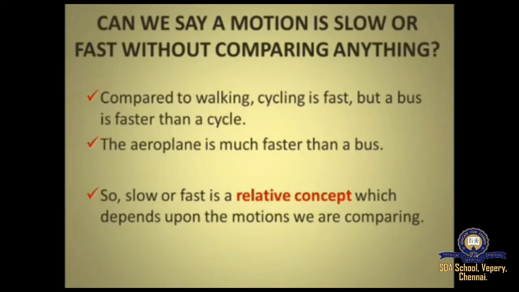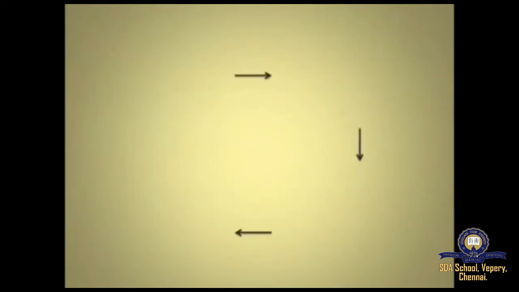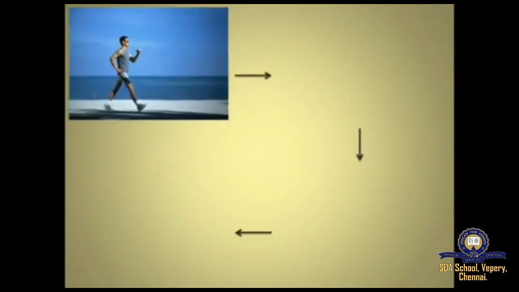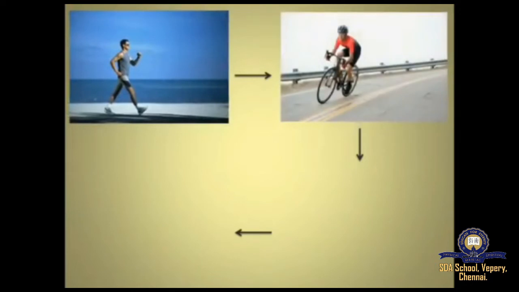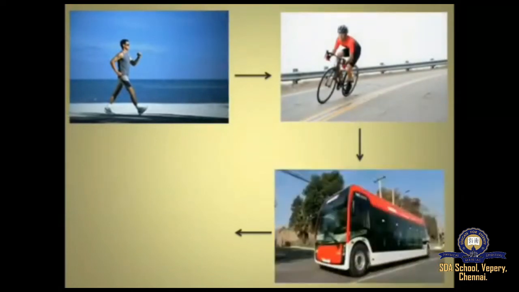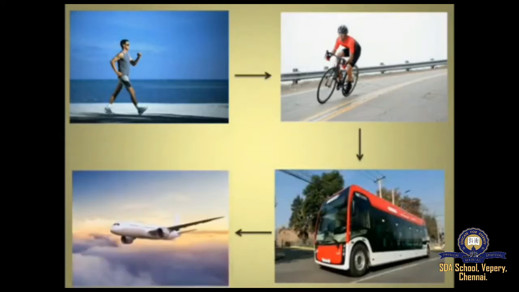So, slow or fast is a relative concept, which depends on the motions we are comparing. See the example. When compared to walking, cycling is fast, right? When compared to cycling, a bus is faster. But an aeroplane is much faster than all of these.